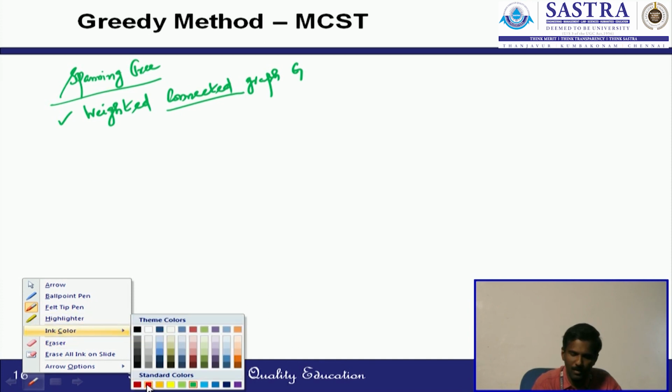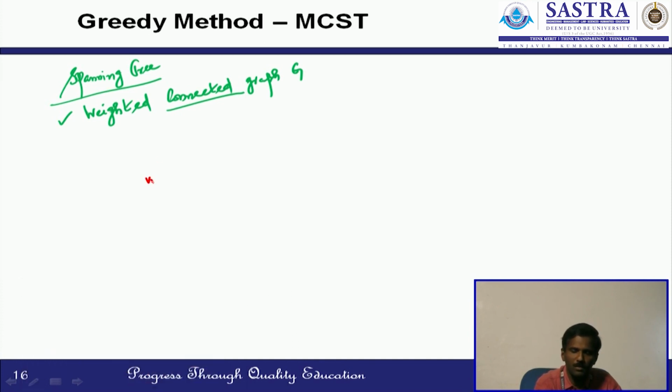graph. For example, this is vertex V1, this is vertex V2, this is vertex V3, this is vertex V4, this is vertex V5.